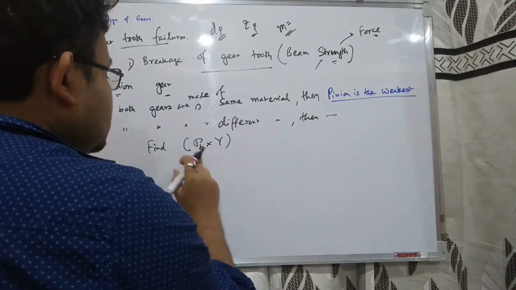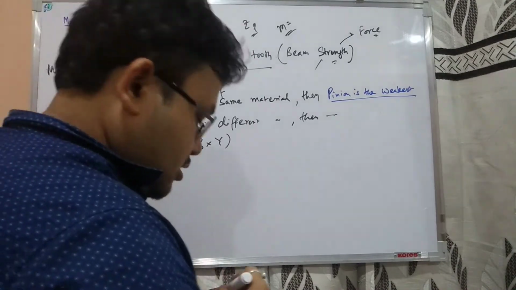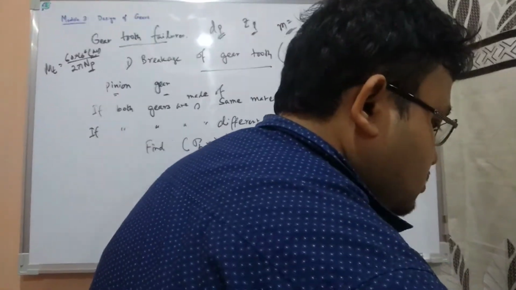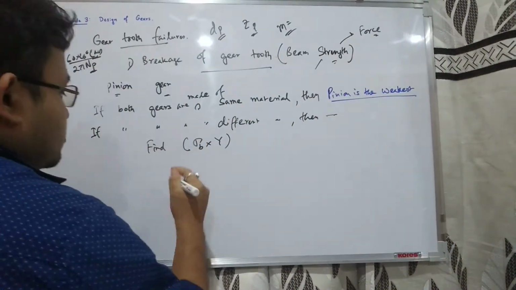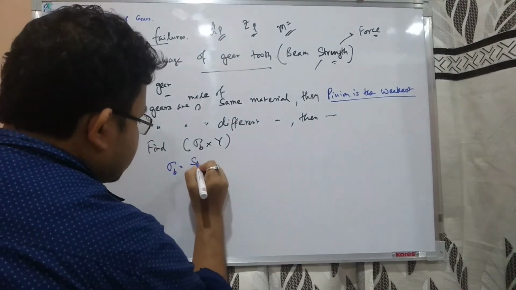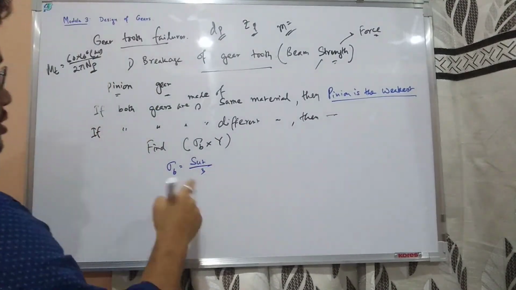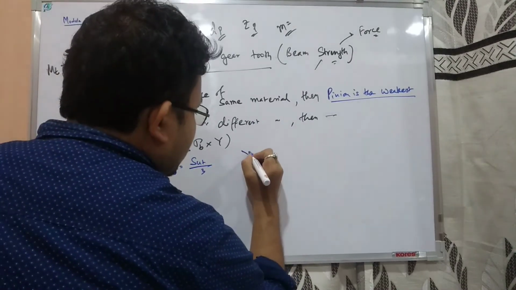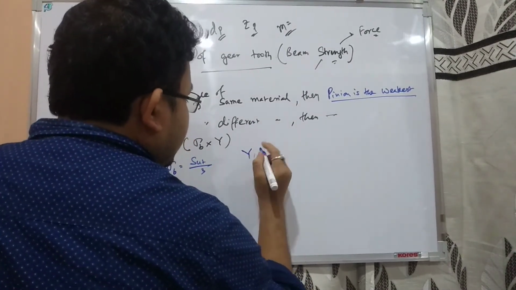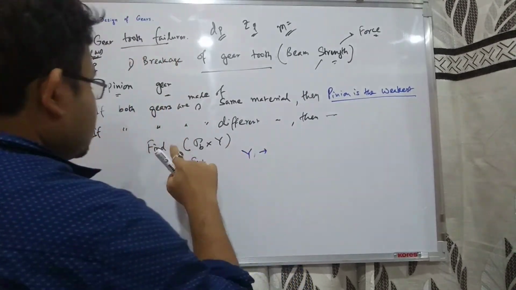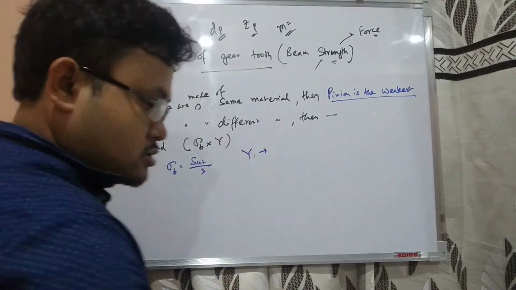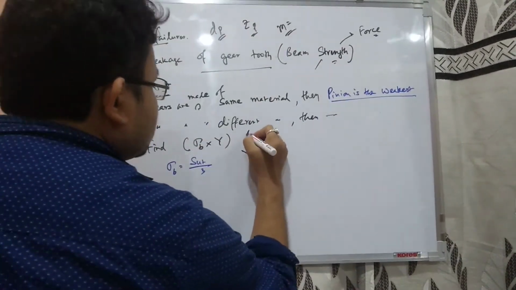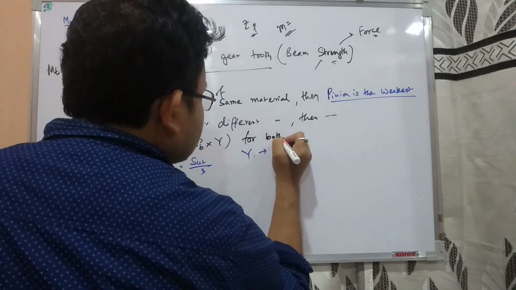You know how to find sigma B, right? Sigma B can be found by this formula, SUT by 3, and Y. You have to find this for both gears. You have to do it for both.